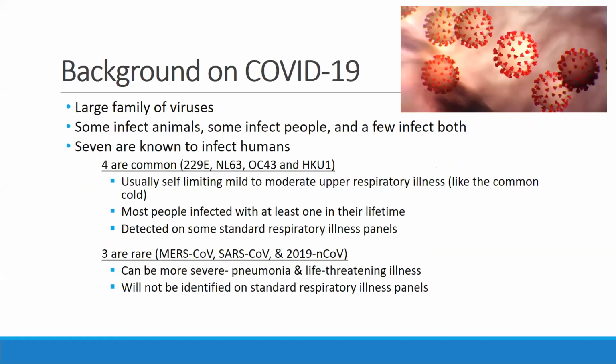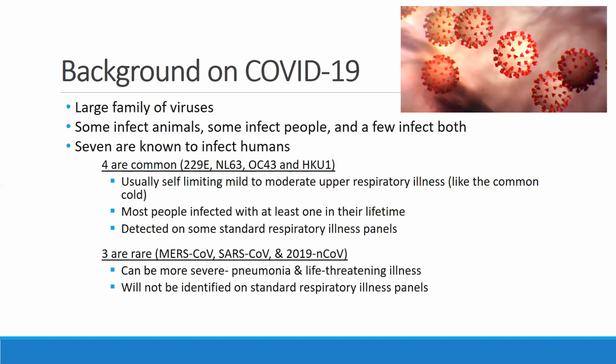So when we're talking about COVID-19, we're talking about a coronavirus, and coronaviruses are a large family of viruses. Some of these viruses only infect animals, some infect people, and some infect both. 7 of the coronaviruses are known to infect people, and 4 of them are extremely common. They usually cause mild to moderate illness, and most of us have been infected with at least one of these 4 common viruses at one point in our lifetime or another.